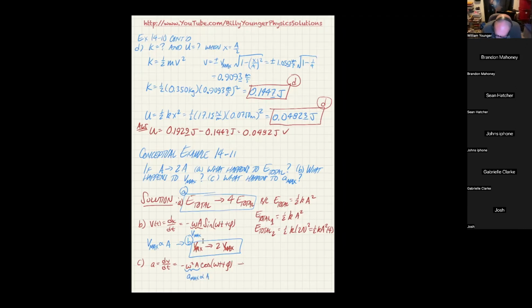So this tells us that A max goes to 2A max. And that's the answer to part C. Any questions on that? Nothing? All right, so that's the energy considerations.